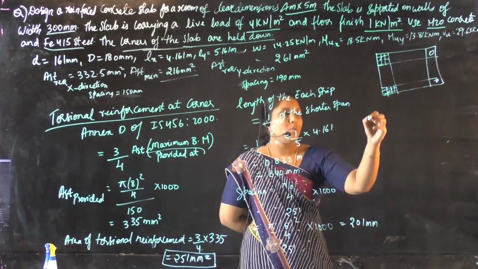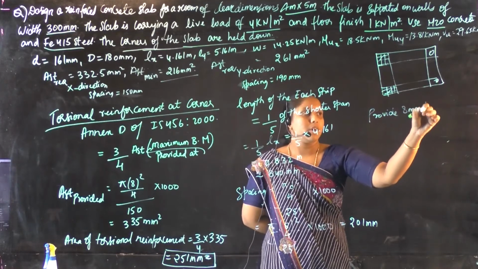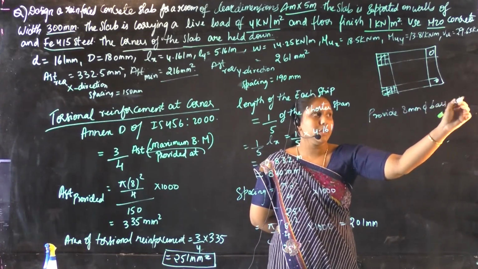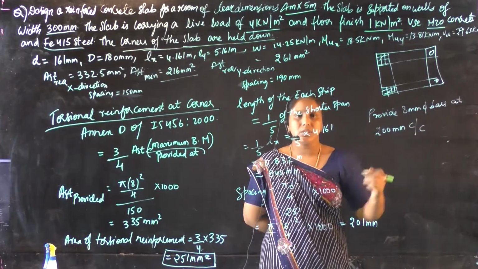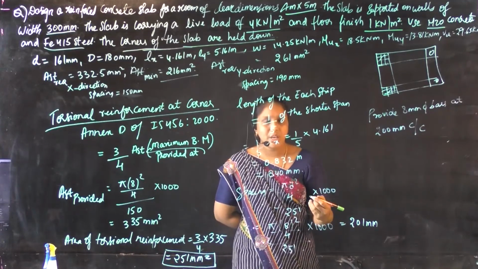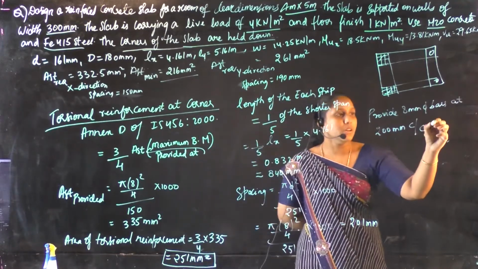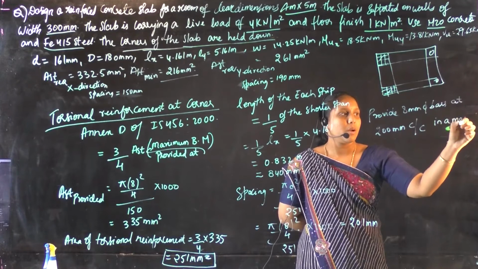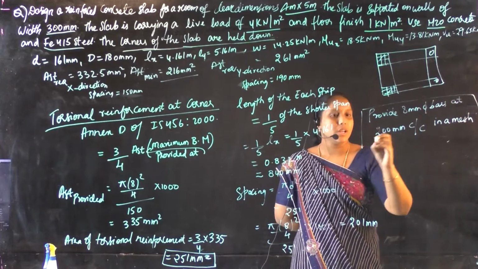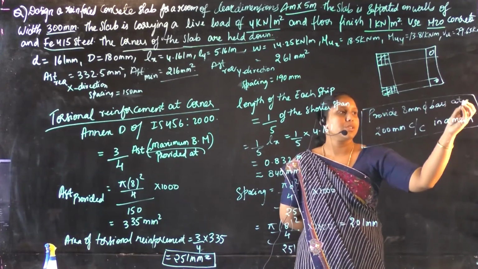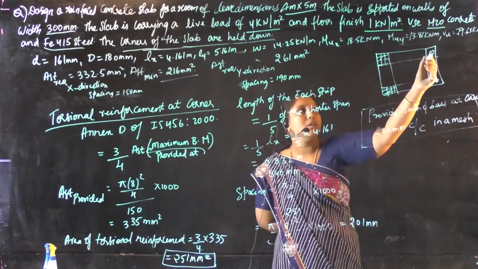So we are providing 8 mm dia bars at 200 mm center to center spacing as torsional reinforcement in the form of a mesh, at the corners.